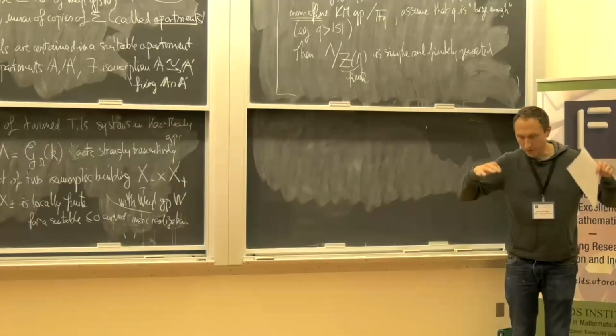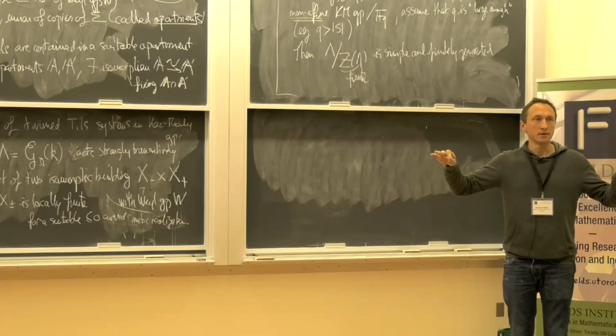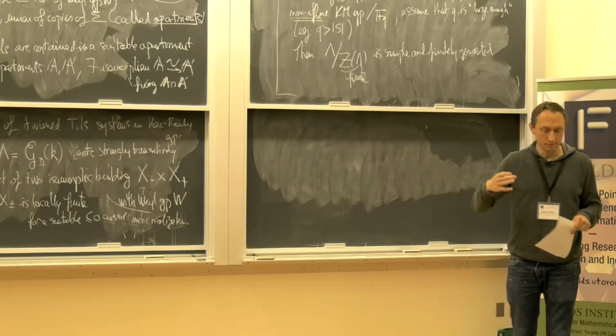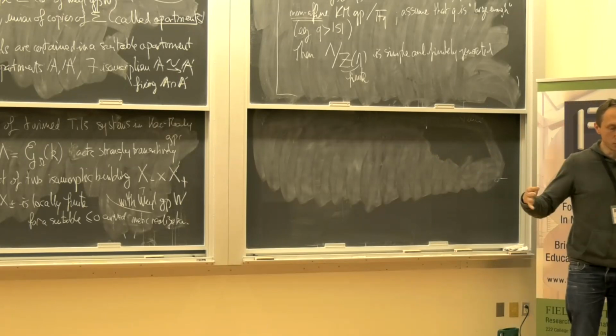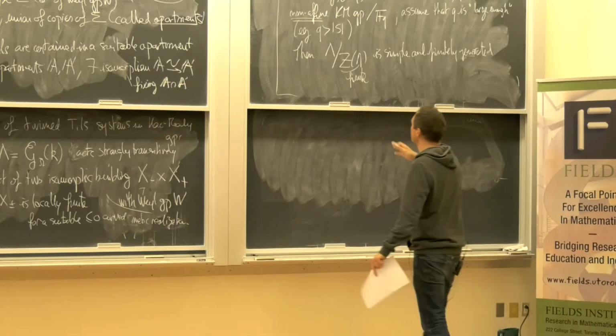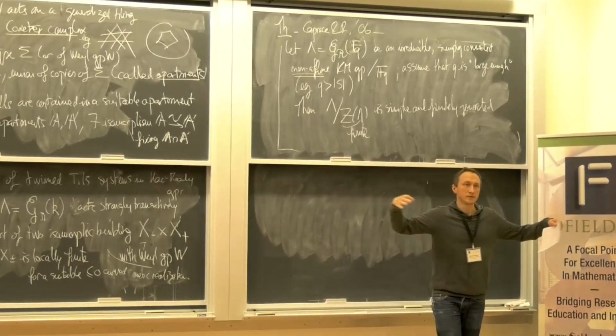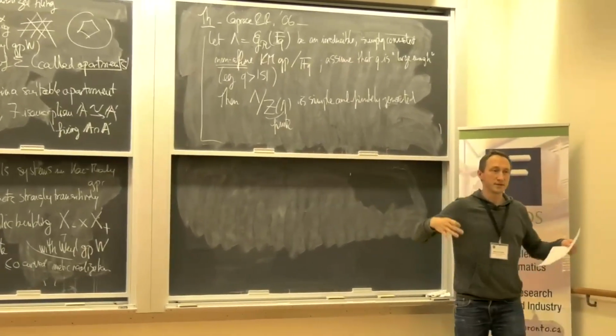If you weaken bi-Lipschitz equivalence a little by allowing an additive constant, then all the groups you produce by considering these co-compact lattices in products of trees are all in the same class. But if you consider Kac-Moody groups, then you produce infinitely many metric classes, quasi-isometric classes, of finitely presented simple groups.